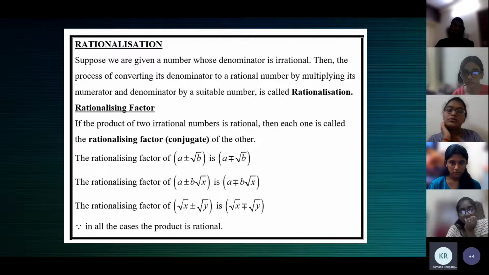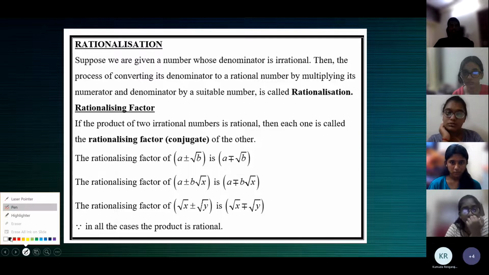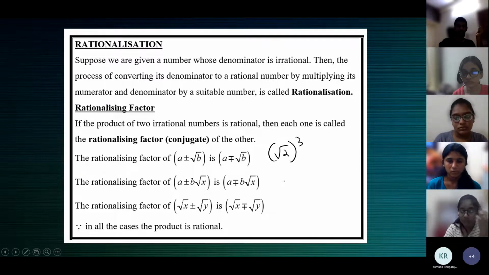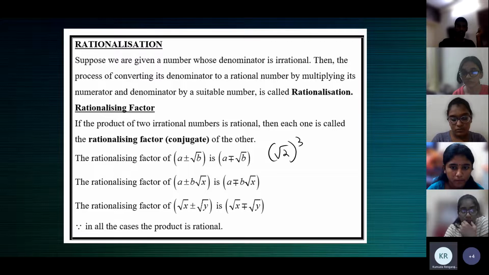What's the value of root 2 the whole cube?